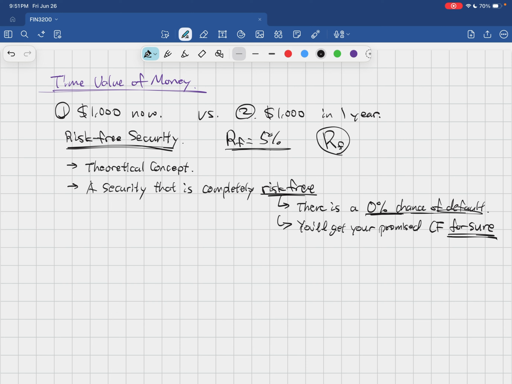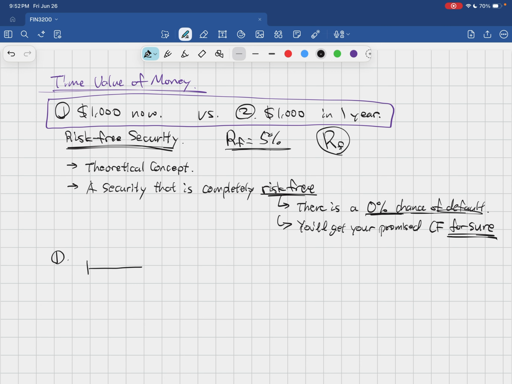So now we can compare the two options using this concept. First option, I'm gonna draw the timeline for this option. So we're gonna get used to drawing timelines. We're just indicating the time periods.